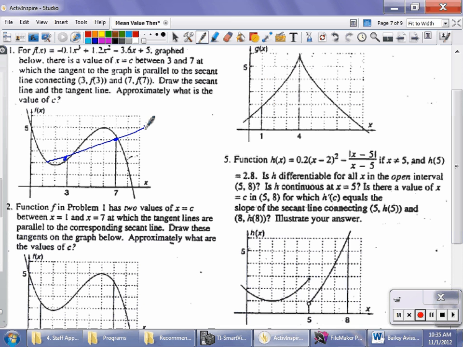So I'm trying to draw a tangent line that's parallel to the given line, and if I just eyeball this, maybe about there. At that value, it's an approximate value, I'm estimating it to be 5. Your sketch may be a little better than mine. And I don't see any other times where the tangent line would be parallel to the secant line.